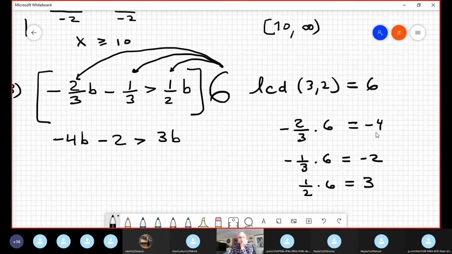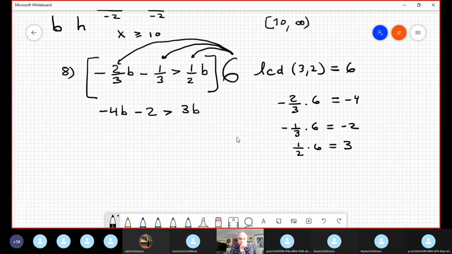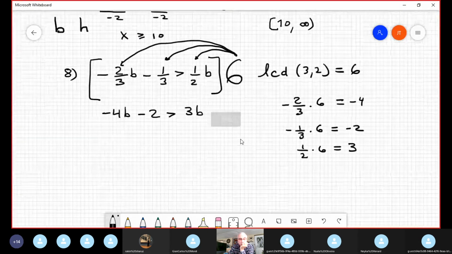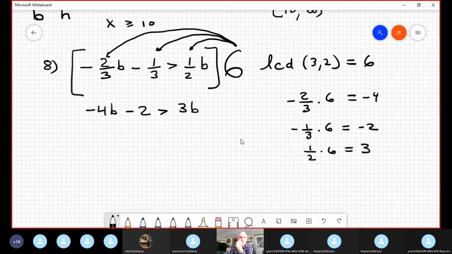Do you understand the manipulation for this inequality? I haven't finished, of course, but I cleared the fractions. Remember, don't forget, the variable is b, put it on the left, mandatory to the left. The minus 4b stays here, bring down minus 3b greater than 2.